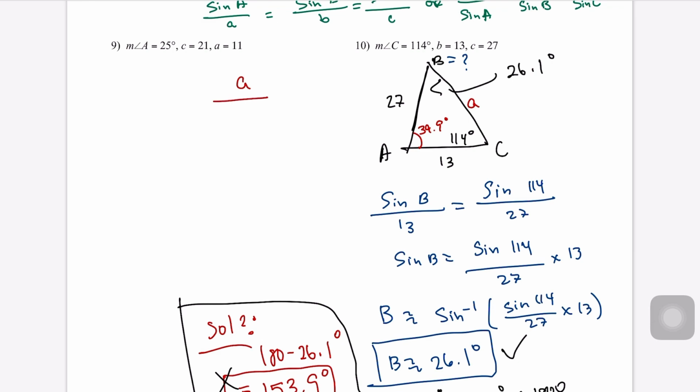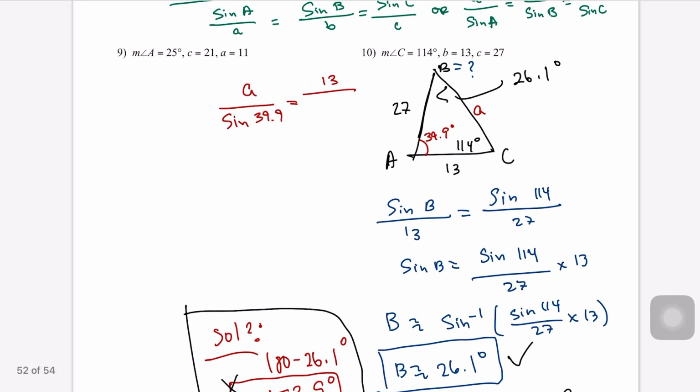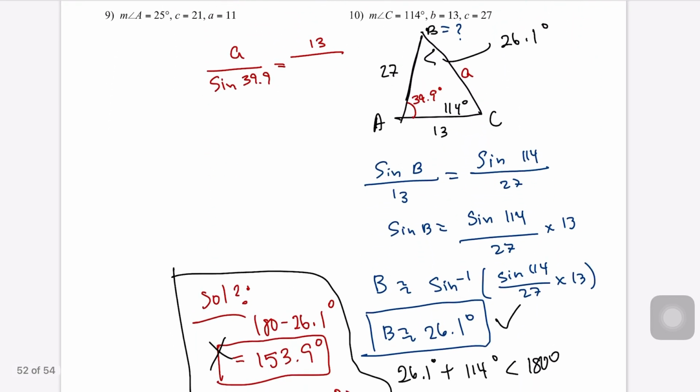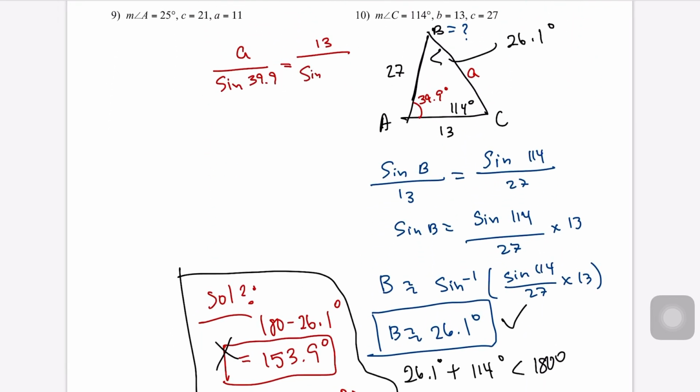We're missing A, okay? And that's going to be over sine A, which is 39.9, equals, and then choose again any other side you want because you have the rest of the information. I'm going to choose B because that's smaller. 13 over sine B, which is 26.1.